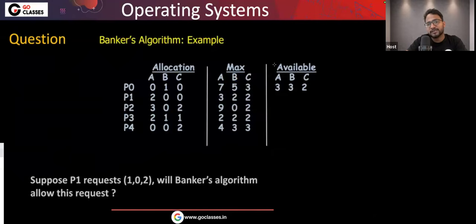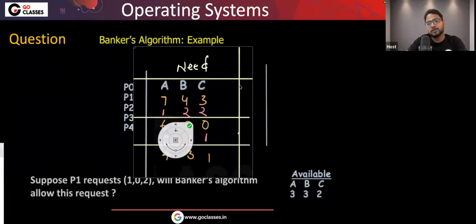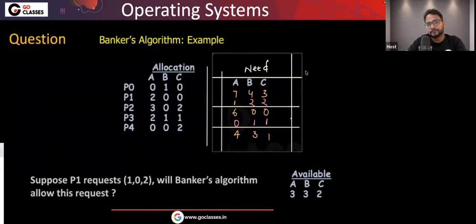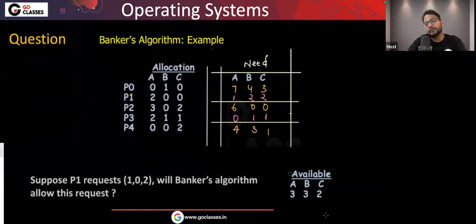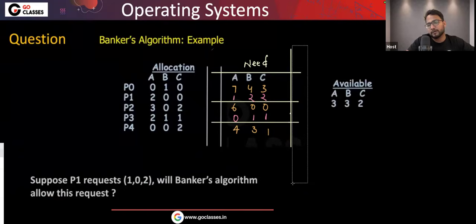They are asking basically the second type of question here. What is the second type of question? The second type of question was that given this state, they will first ask you to modify this table.